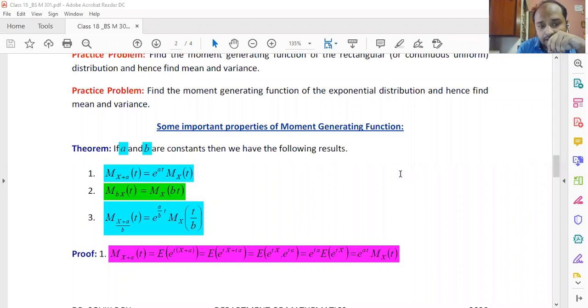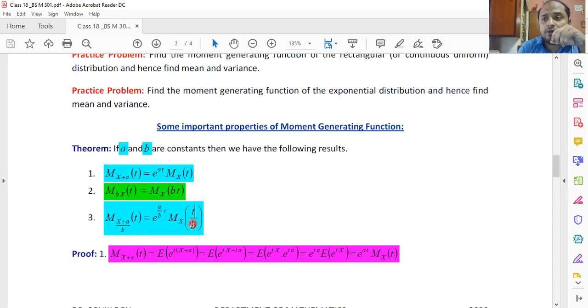And the moment generating function takes this particular form when we give a change of origin and scale to the variable capital X. So M of (x plus a) by b at t becomes e to the power a by b t multiplied by Mx of this parameter t by b. T by b, what does it mean? The parameter time is being divided by b. Or you can say the parameter time is being divided into several parts. Okay, if b equals 2, the parameter time is divided into 2 halves.